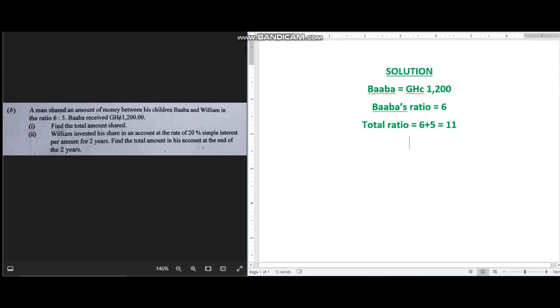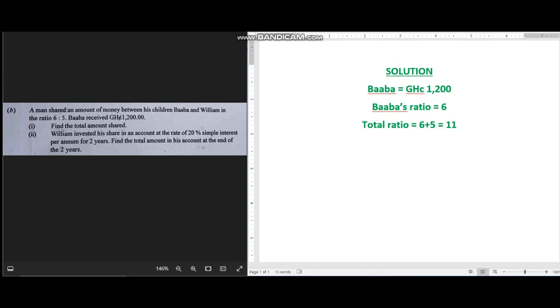To find the total amount shared, because Baba's share was given and Baba's ratio was also given, you are going to use Baba's ratio and Baba's share to get the total amount that was shared.